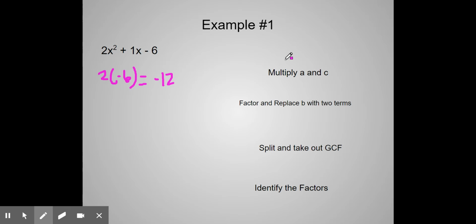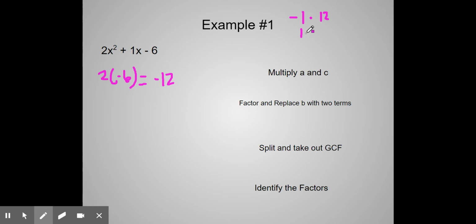Okay. So what we've done in the past is we put up negative 12 here, and we come up with factors that give us a product of negative 12. So let's start with negative 1 times 12.